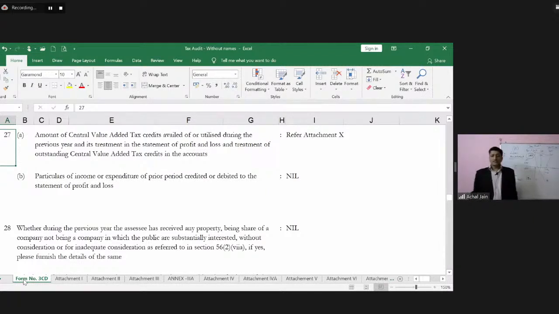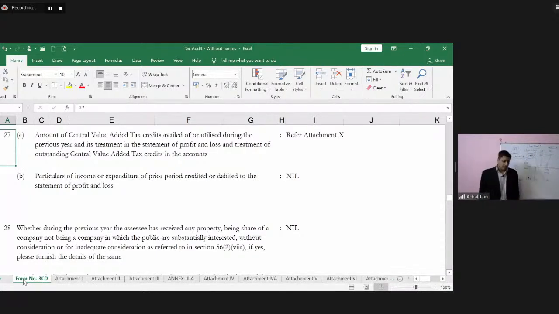Alright, so clause number 27 says amount of CENVAT credit availed of or utilized during the previous year and its treatment in the statement of P&L and treatment of outstanding CENVAT credit in the accounts. Particulars of income or expenditure of prior year, prior period, credited or debited to the statement of P&L. So 2 points have been covered over here. I'll talk about this point number B first of all.